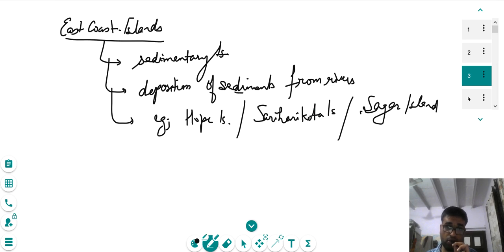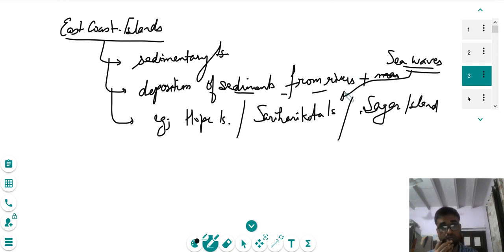But they are not just from the deposition of sediment from rivers. Along with the rivers, marine waves or sea waves are also responsible for the formation of these east coast islands, for example Sriharikota. So these are some east coast islands, right?